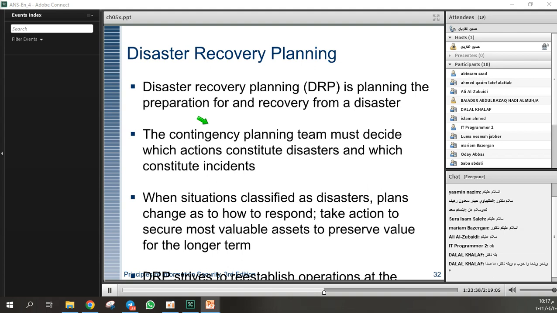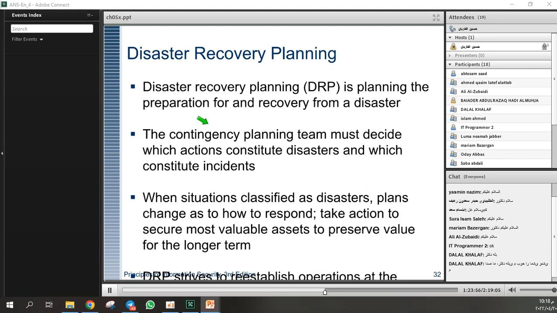The second plan is the disaster recovery plan. What is this? It's a plan to prepare for a disaster and to recover from a disaster.